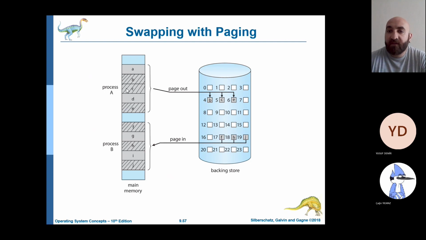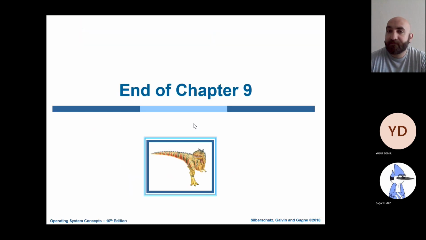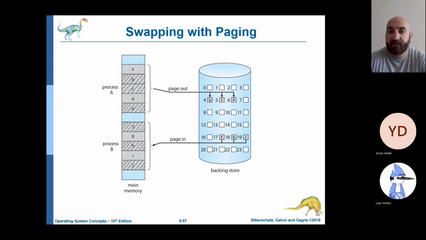Let's assume that we don't need pages B, C, and E. We can page them out to the backing store, and also page in some pages of another process into main memory. And that's it for this chapter.